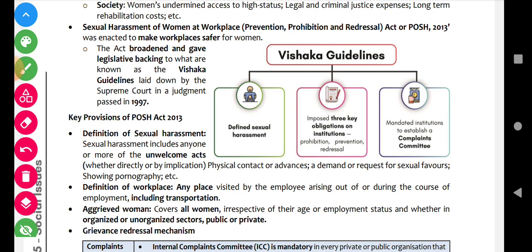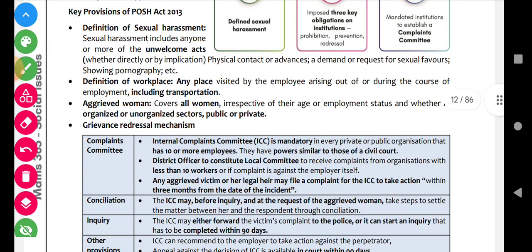What are the key provisions of the POSH Act 2013? The definition of sexual harassment was given in this Act.